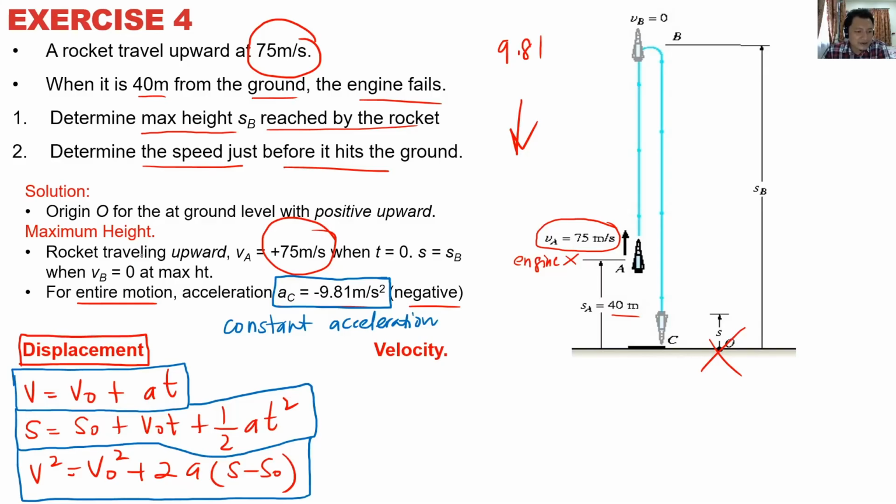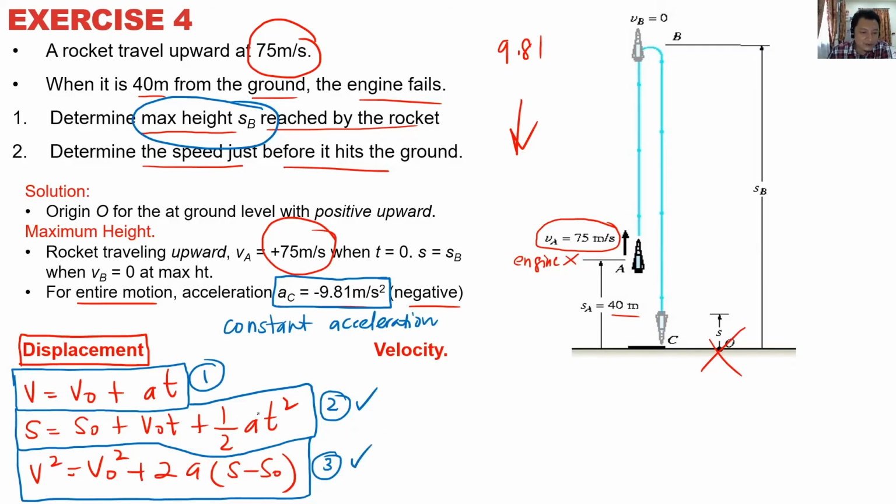So what do they want to find? Maximum height. Maximum height means you need to find S. So you cannot use the first equation, because the first equation does not have any S value. Second equation, yes, it has S. Third equation, it also has S. So it's either number 2 or number 3.